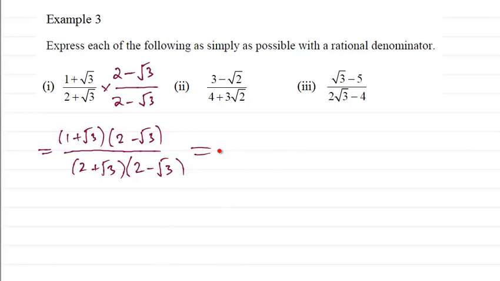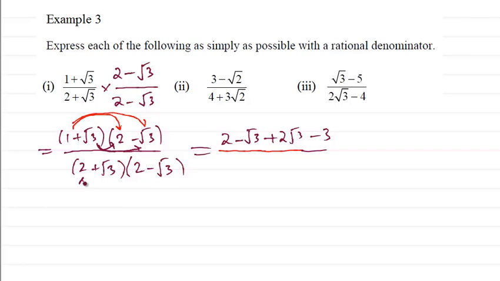So multiply the top parts. Everything here multiplied by 1 first. So 2 minus root 3. Then multiply everything by root 3. 2 root 3. Then minus root 3 times root 3, just going to give you minus 3.